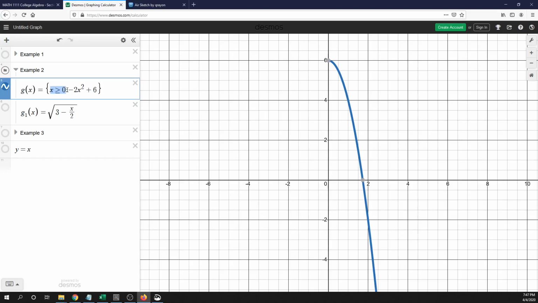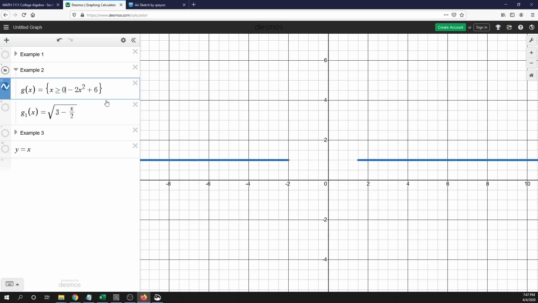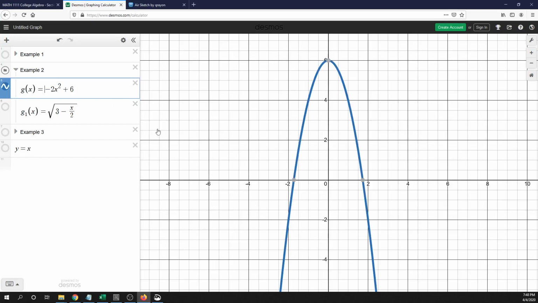And so the thing is if I just do minus 2x squared plus 6, I get this upside down parabola that looks like this. And so this function is not a one-to-one function. It does not pass the horizontal line test.